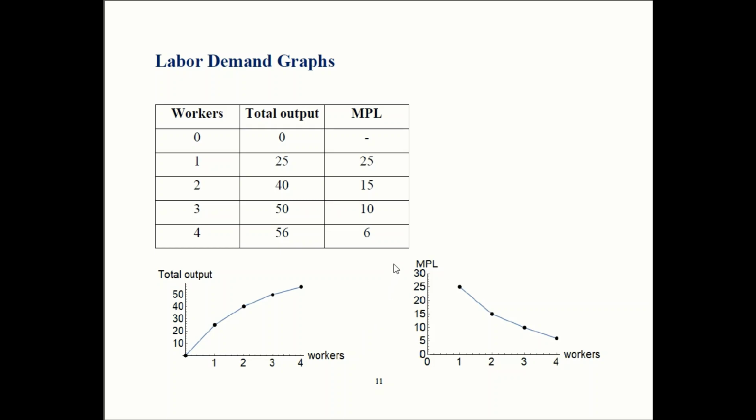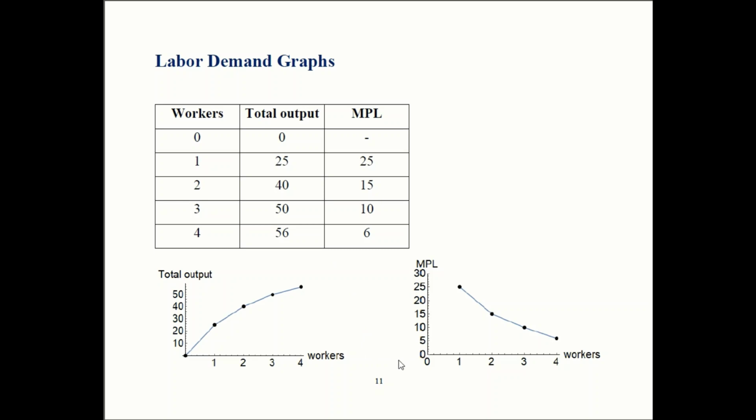Our second graph is showing the marginal product of labor. The MPL is the change in total output. Here, total output rose by 25, so MPL is 25. 25 and 15 is 40, so MPL is 15. 40 and 10 is 50. And lastly, 50 and 6 is 56.